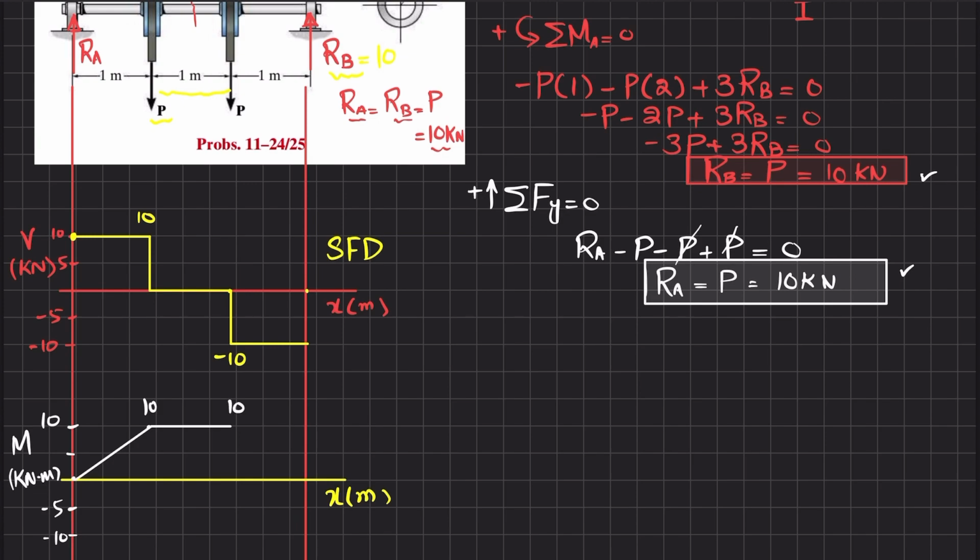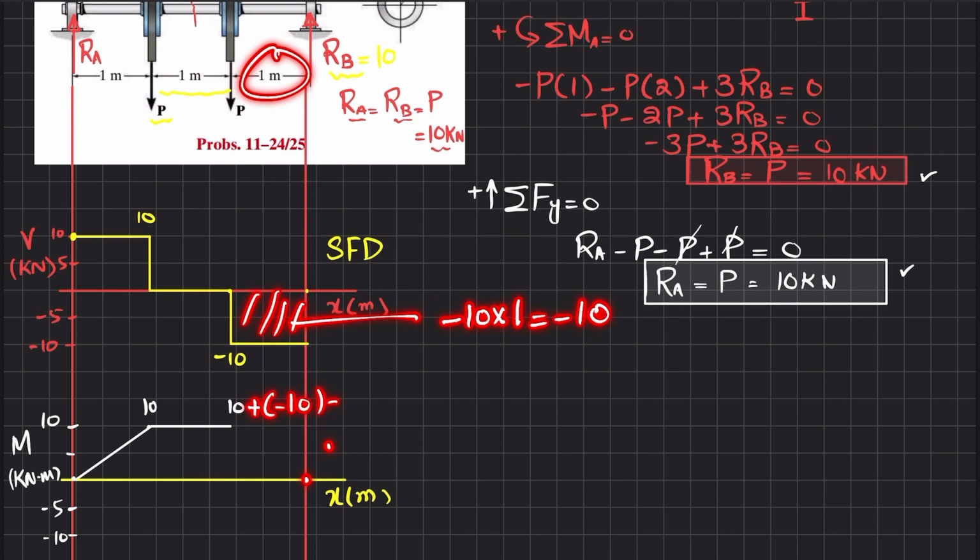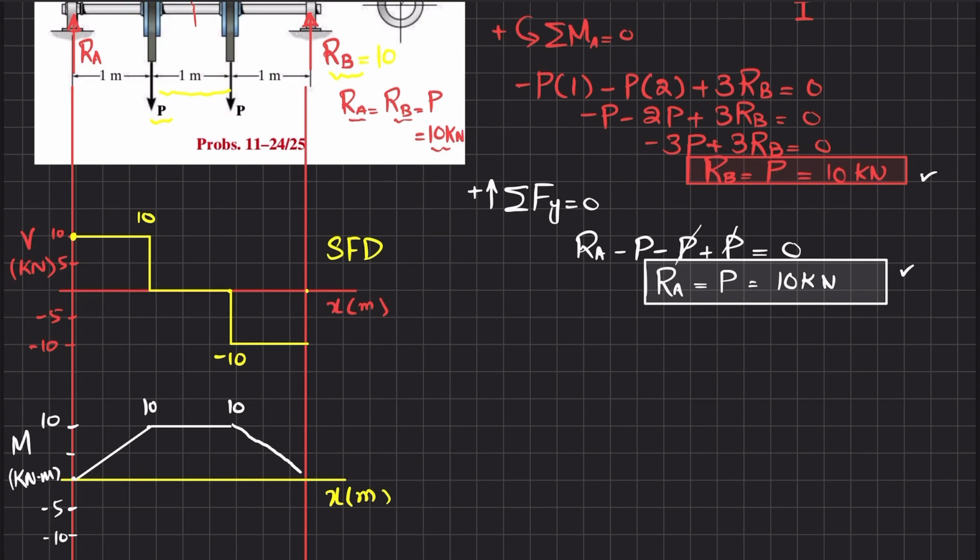Now the area under the shear force diagram is this area, and this area is minus 10 into length, which is 1, and this is equal to minus 10. So the moment at this point will be 10 plus minus 10, which will bring it to 0. Since the shear force is a horizontal line and the area is negative, the bending moment will be 1 degree higher and the slope will be decreasing, and it will bring it to 0.